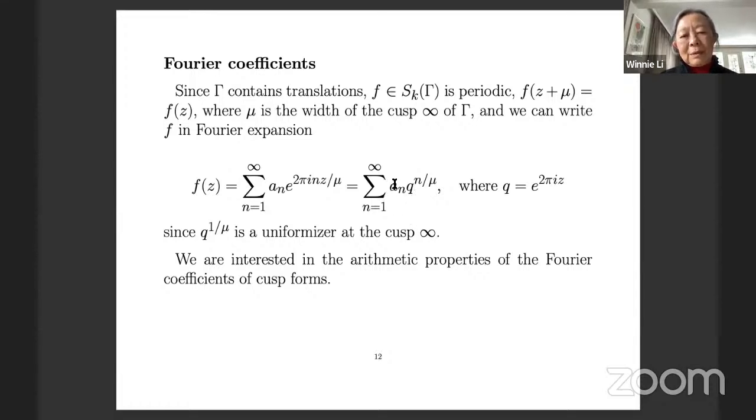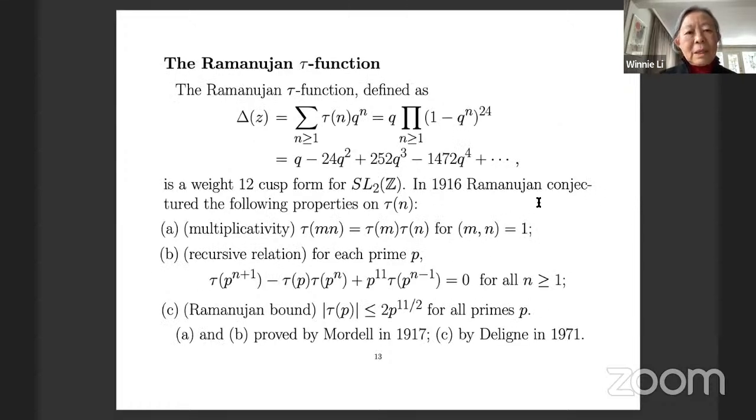What we're interested in is the arithmetic properties of the Fourier coefficients of cusp forms. The first example, also the most well-known example, is Ramanujan's tau function. That's for the group being the full modular group, where the first cusp form has weight 12, the lowest weight.